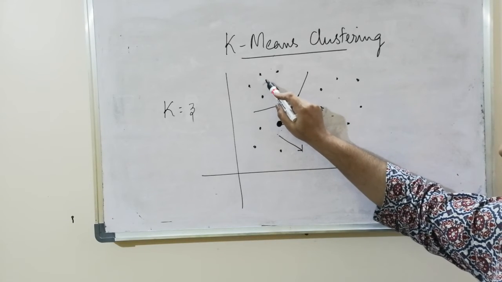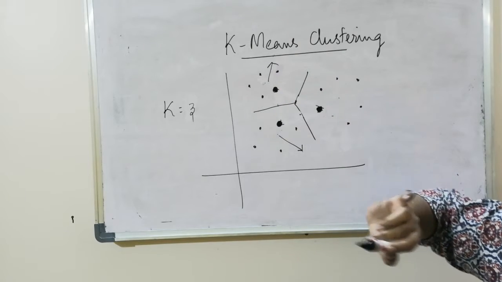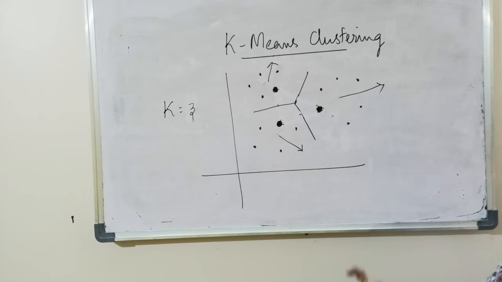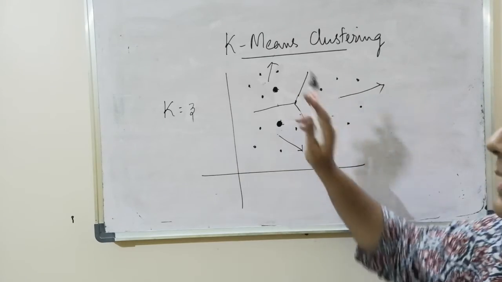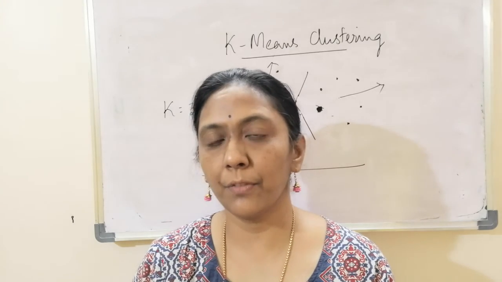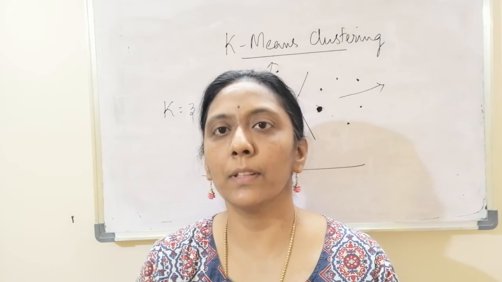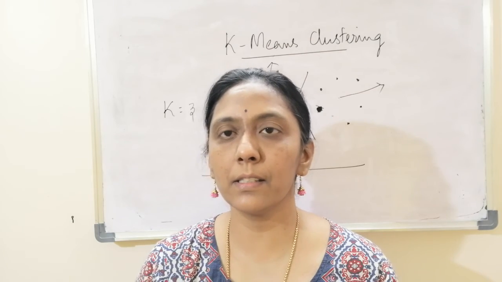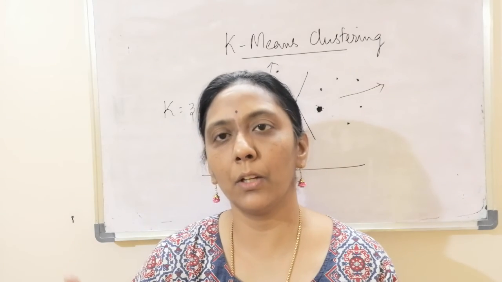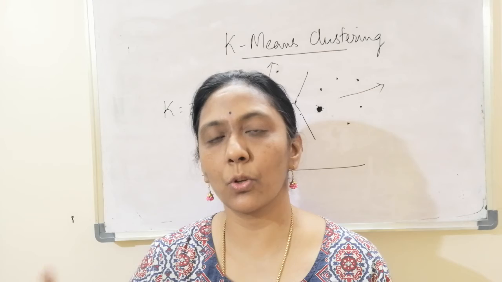And here it will find the centroid of this cluster and choose a seed from there. And again it will choose the centroid of this cluster and choose a seed from there. And these 3 seeds are going to be used again in the next iteration, where again you are going to form clusters. So this is the k-means clustering algorithm, where you are going iteratively, repeatedly forming clusters based on the value of k.